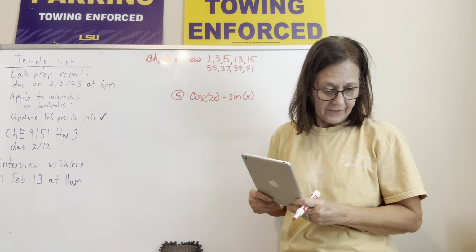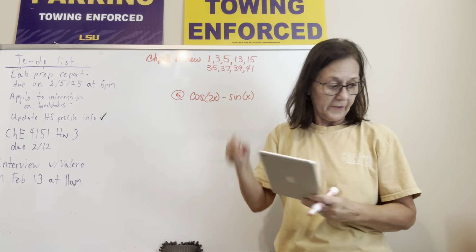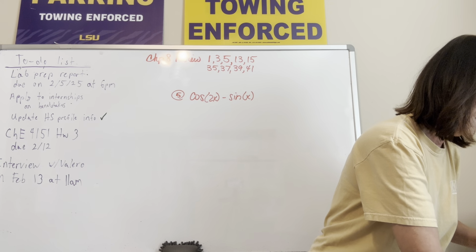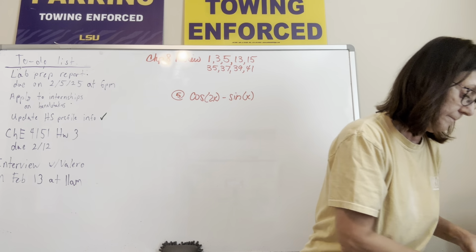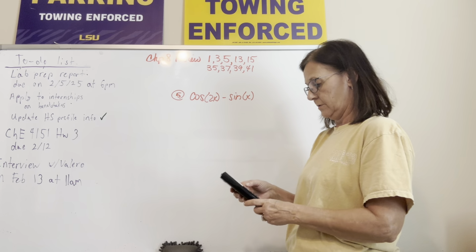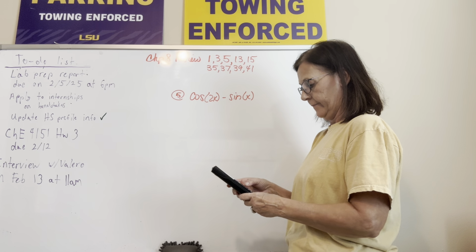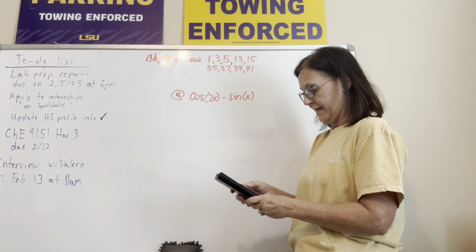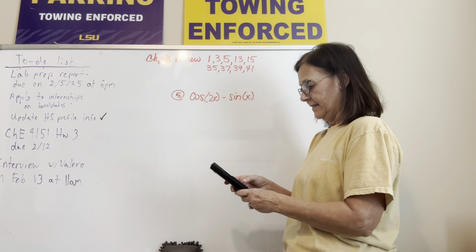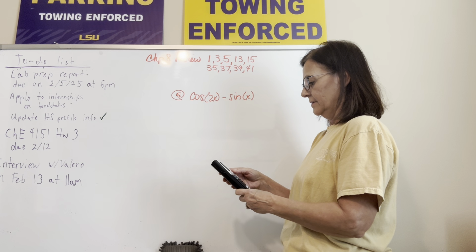My largest period is pi. So I will put that in my calculator, and I'm going to look at a distance of 2 pi. Let me just do that real quick. All right, cosine 2x minus sine x.